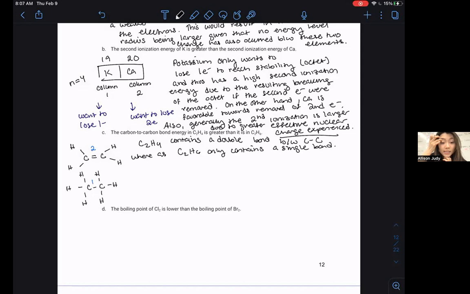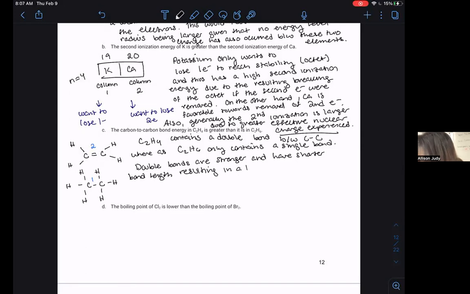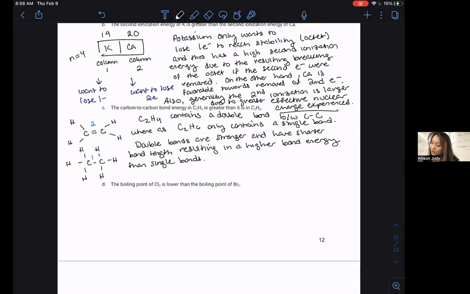Double bonds are stronger and have shorter bond length, resulting in a higher bond energy than single bonds. So that would be the result there.